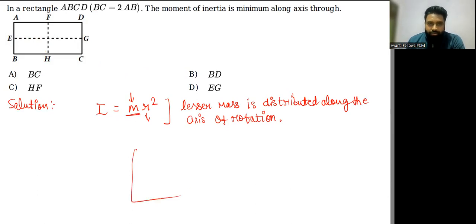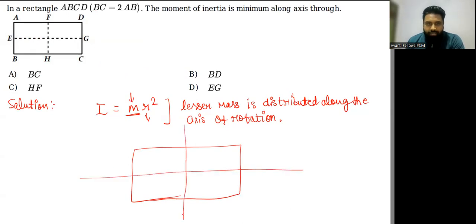So in this scenario, if you will see, this is the rectangle you have been given. These are the possible axes. You can take this as an axis. So this length would be, you will see, BC is 2AB, so it is AB, half of BC. This is also AB.